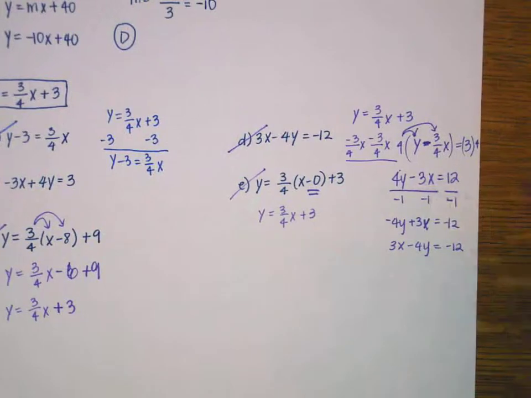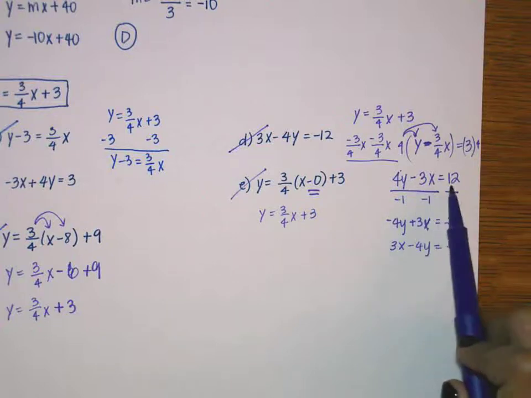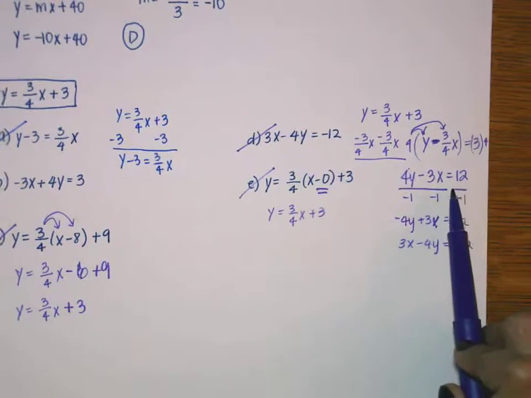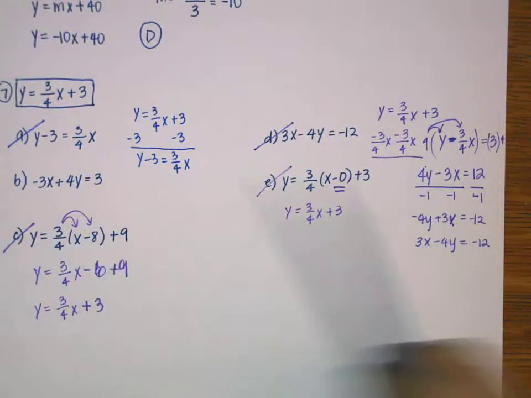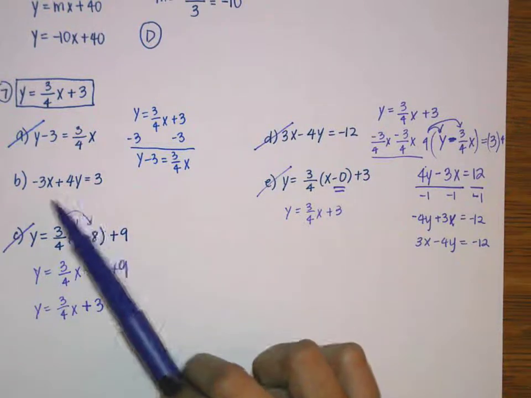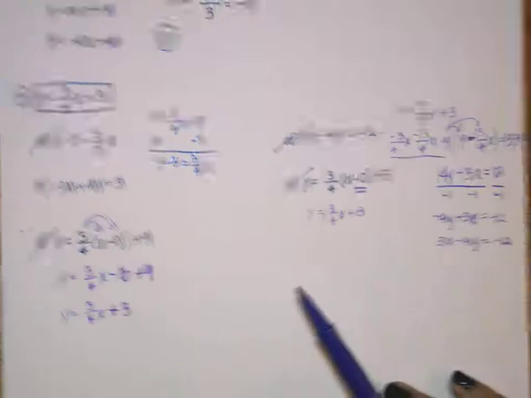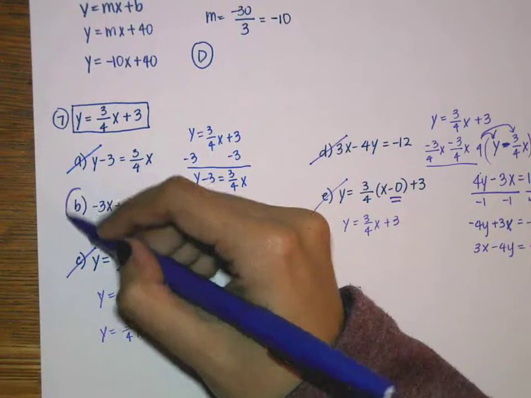So we have a negative 3x in both, a positive 4y in both. However, in this equation it equals 3, and in this it equals 6. So now we know for sure this is not going to be the same equation. It's not going to be the same graph. So my answer is C. Yay!